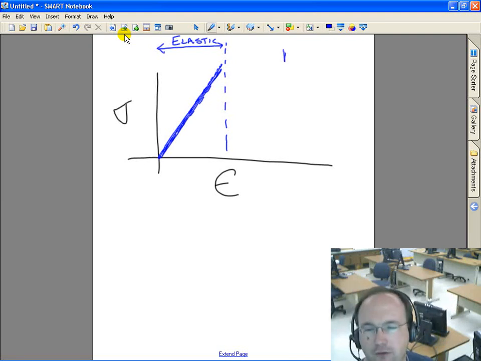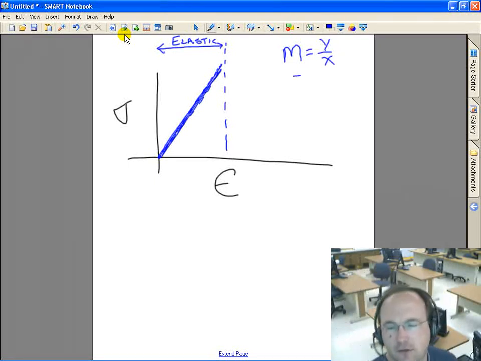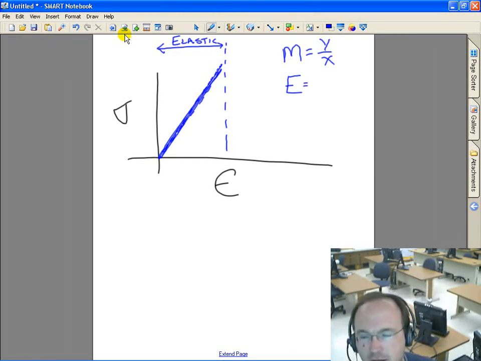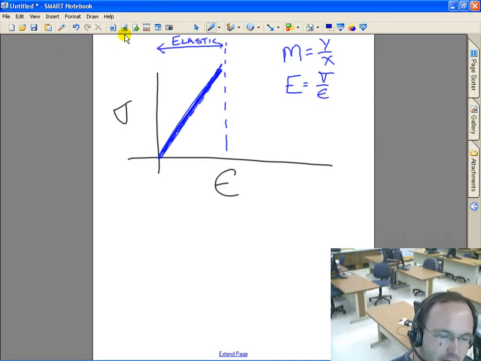And if you remember, the slope of a line is y over x. That's the slope of a line. E, the elastic modulus, is equal to stress over strain. Same exact thing. We're getting the slope of this line right here.